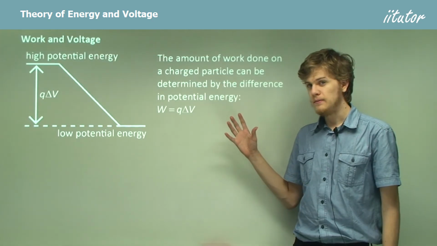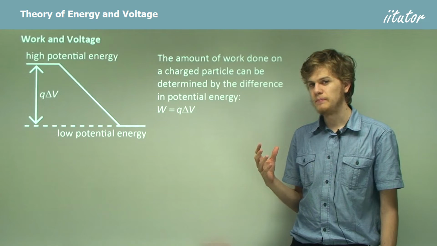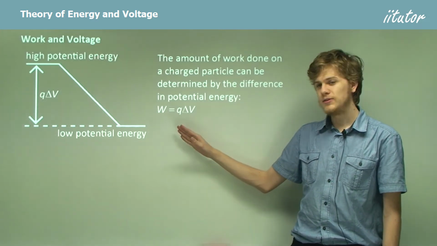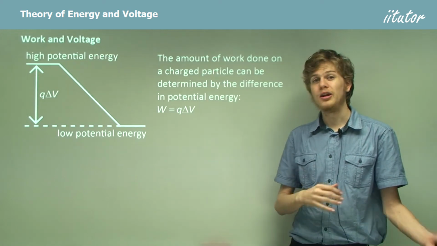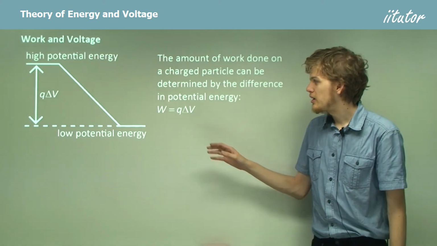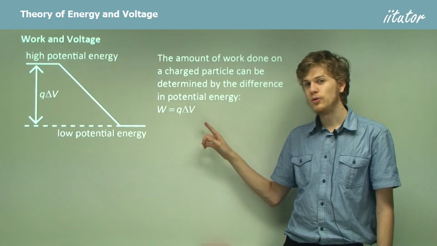Now the work done on a charged particle can be determined by the difference in potential energy. We can say the work done, we could also say energy, but I don't want to get it mixed up with electric field, equals Q, the charge on the particle, times the change in voltage.